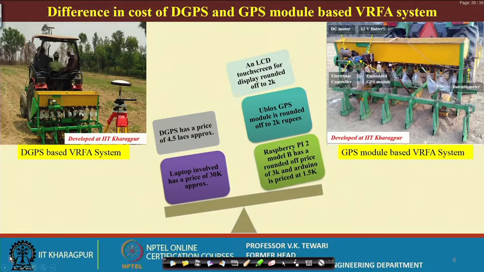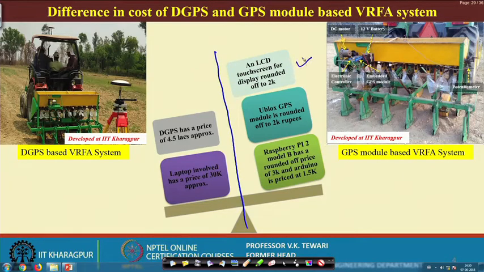Yes. Now, you can see we have discussed this part. Now, what we can get here is that if this is the balance here, you can check the LCD touch screen display at 2000, the u-blox GPS module is rounded off to 2000 rupees.